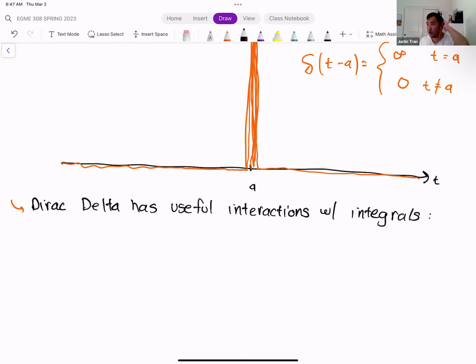There are two important integral properties for Dirac deltas. First is the integral of the Dirac delta itself. If we take the integral from minus infinity to infinity of delta of t minus a dt, the Dirac delta is defined in such a way that even though the function value itself is infinity, it also takes place over such a brief instant of time, basically 1 over infinity, that the area under the Dirac delta curve is actually just 1.